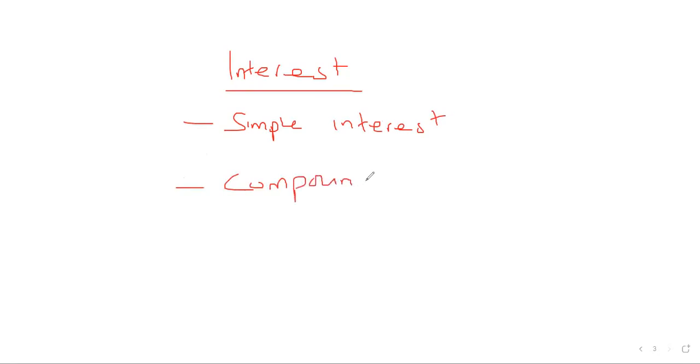Interest is charged or earned on an investment. So if you are doing savings, depending on the type of interest structure you're using, you get a fixed amount of interest added on the principal that you started with.